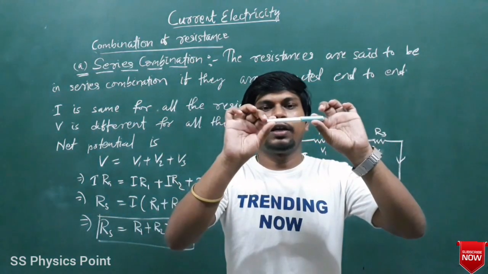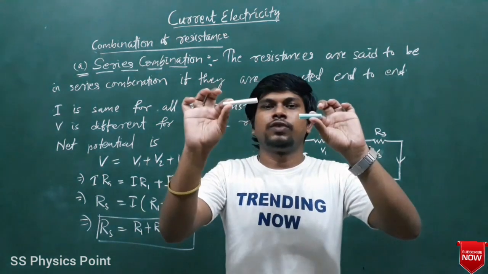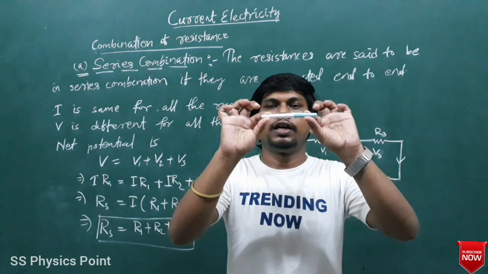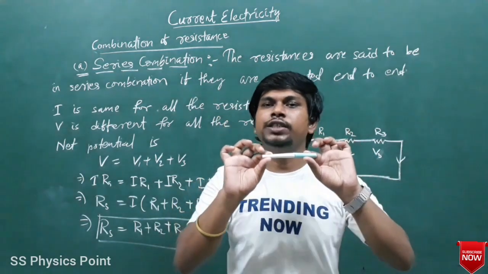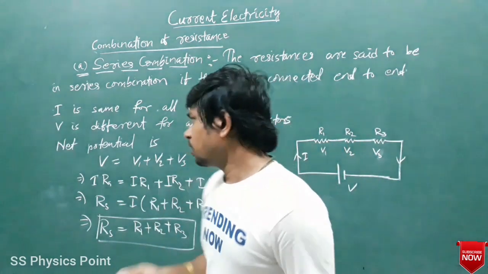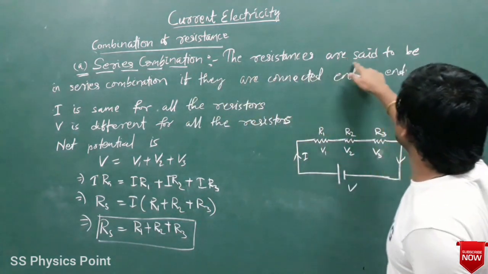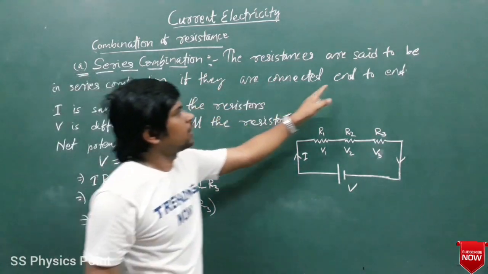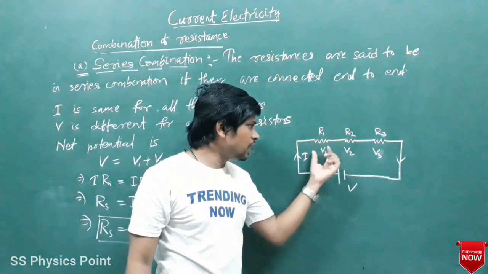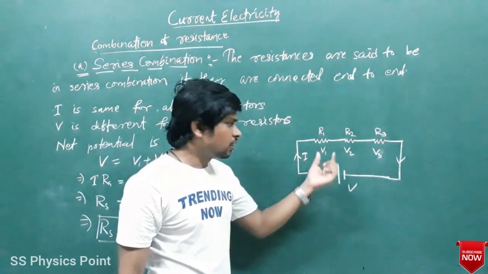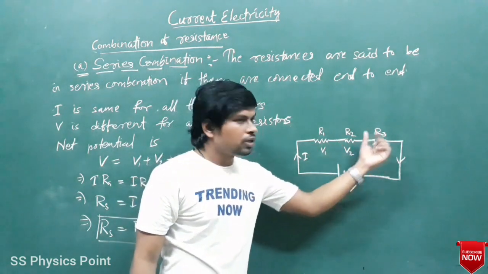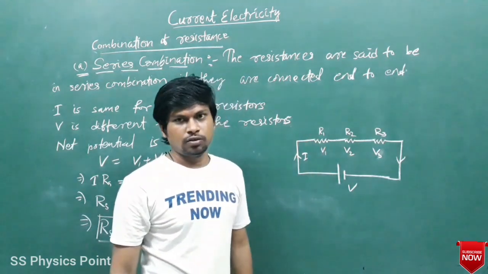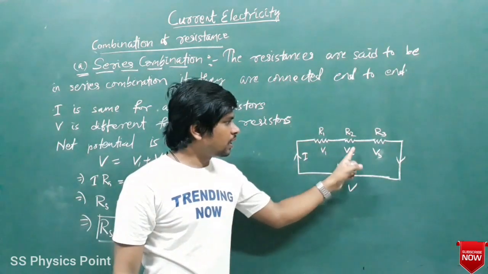If they are connected end to end, then that type of connection is said to be series combination. Here there are three resistors, connected one after another. This is said to be series combination, as they are connected end to end.